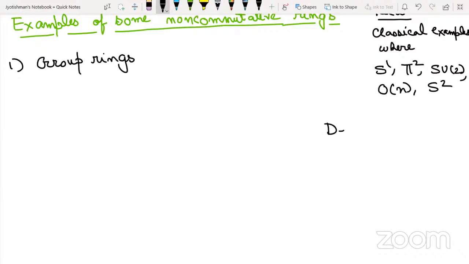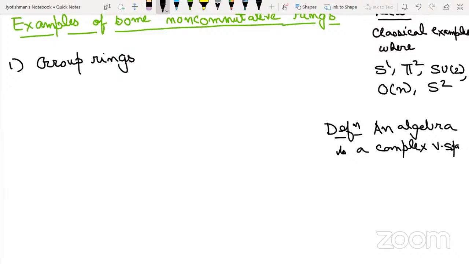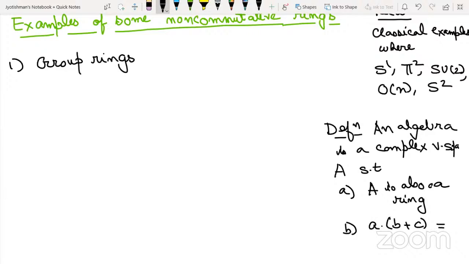So here is an algebra, and all my rings will be over the complex numbers. So an algebra is a complex vector space A such that A is also a ring, so I have the compatibility between the ring structure and the vector space structure. So things like this will hold.